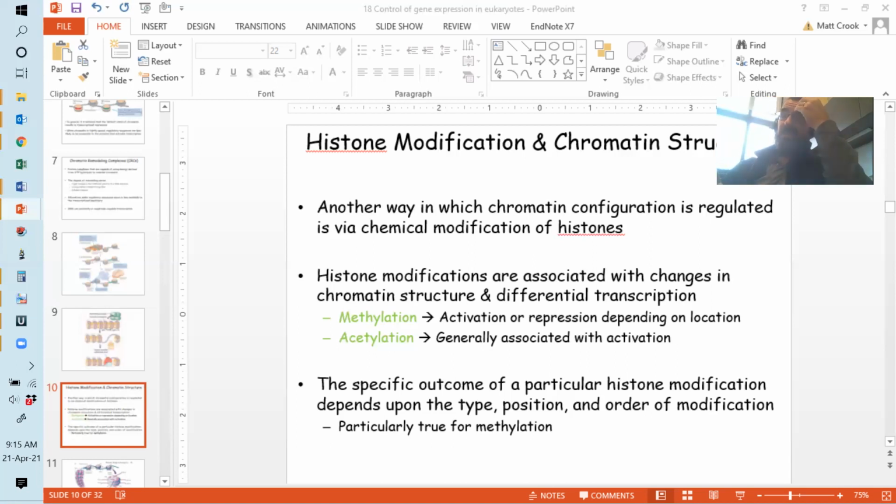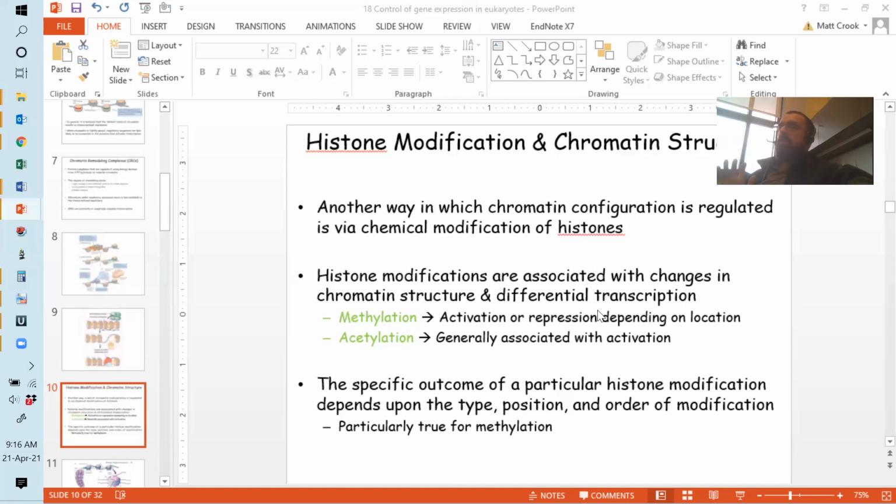And so lysine essentially is a basic amino acid. And so essentially by modifying lysine, we change its charge. And that's how we change how tightly histones bind to DNA.